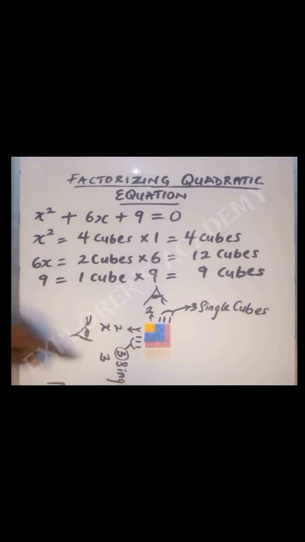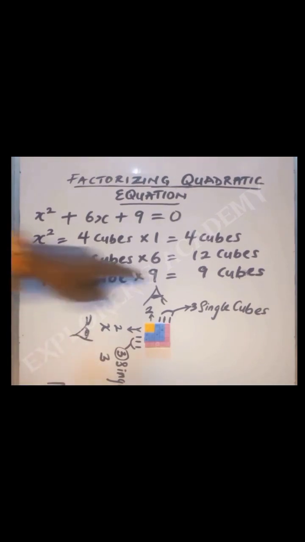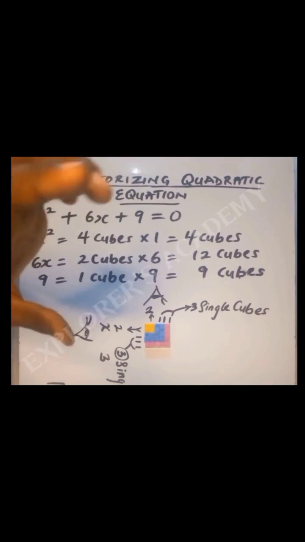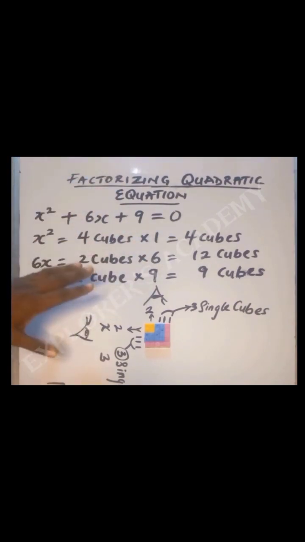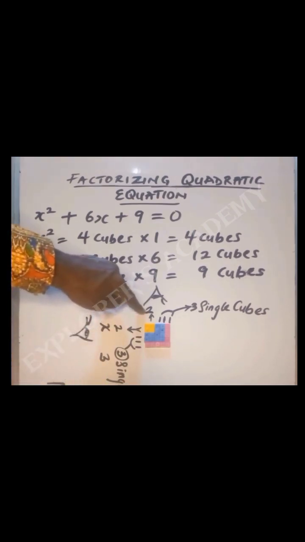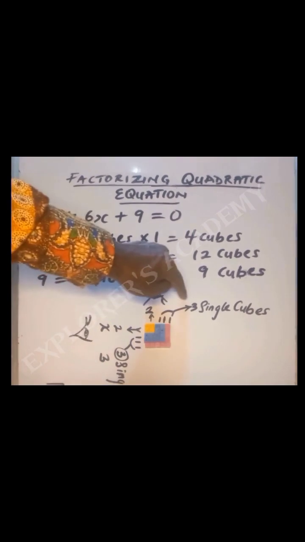Are you getting me? This represents 3 single cubes, which is a constant. Single cubes are constants, whereas 2 cubes represent the variable x, not the variable x power 2. So from here, I have x and 3, and likewise from this other angle, I have x and 3.